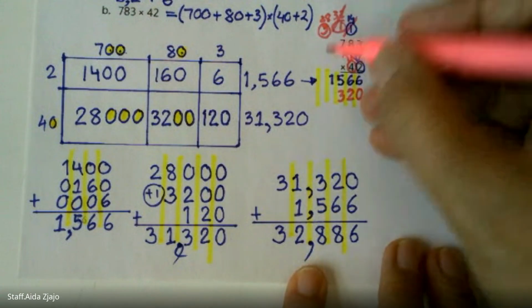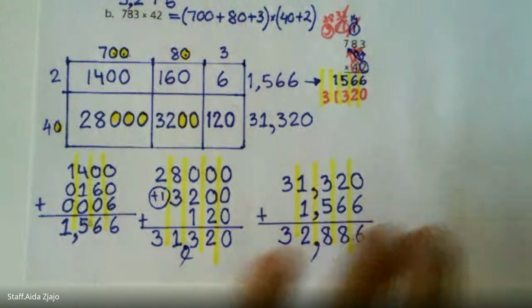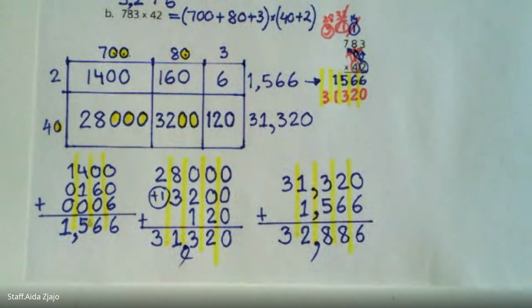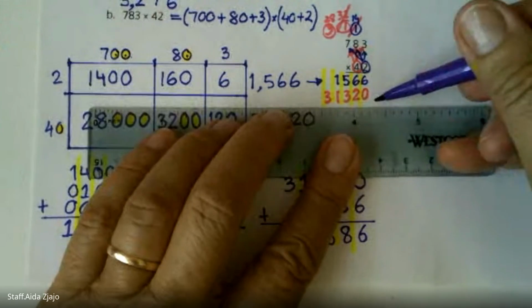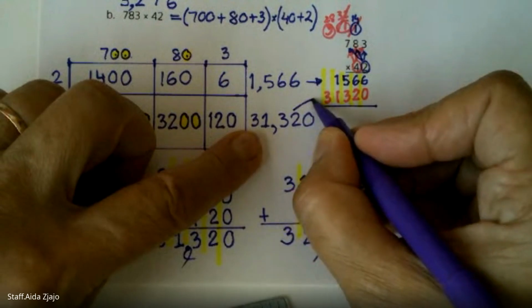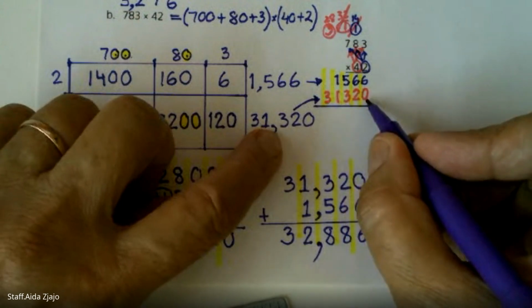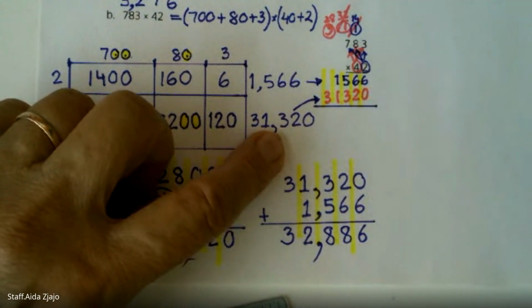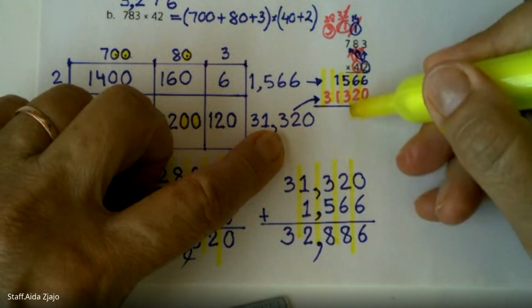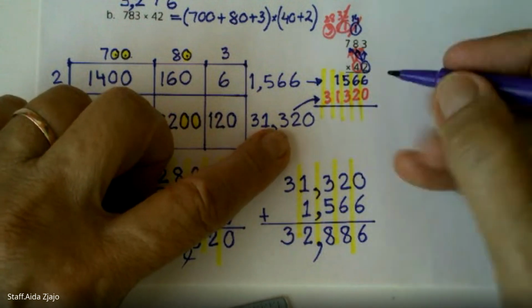Plus 3 is 31. And again, we got the same numbers as we did before, so this is the same 31,320. And all you need to do is add all these, and you're going to get the same answer.